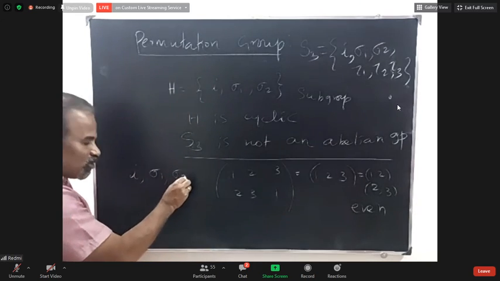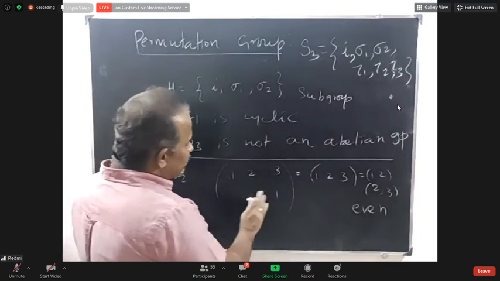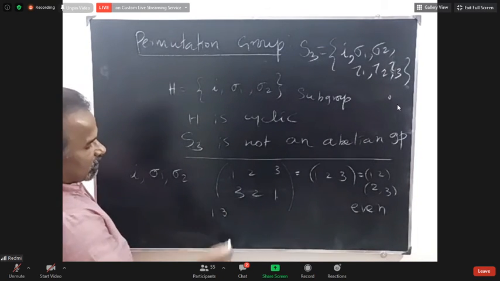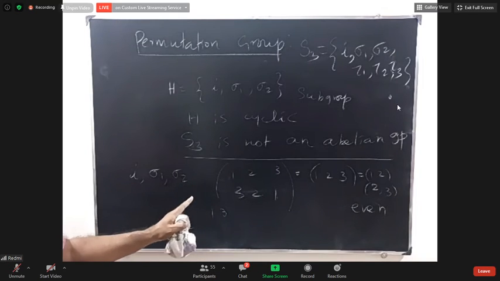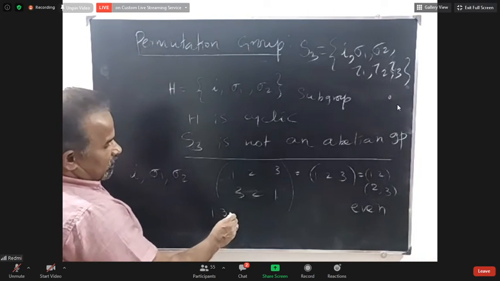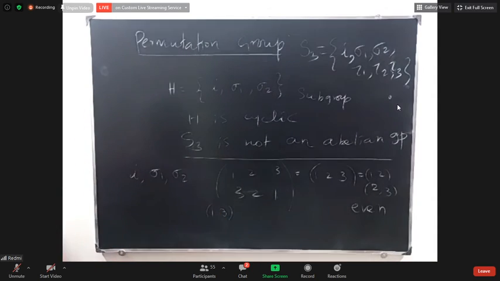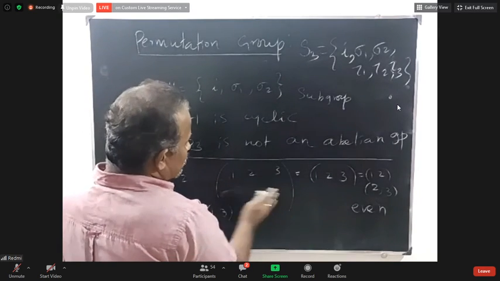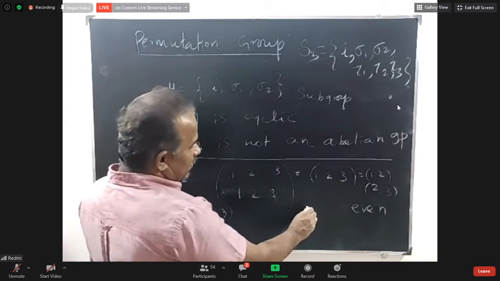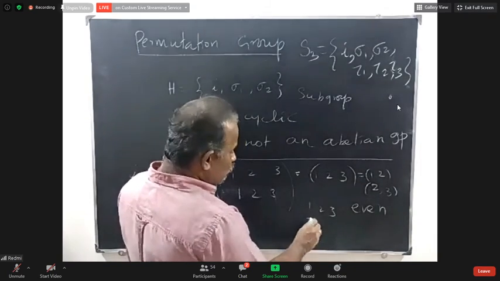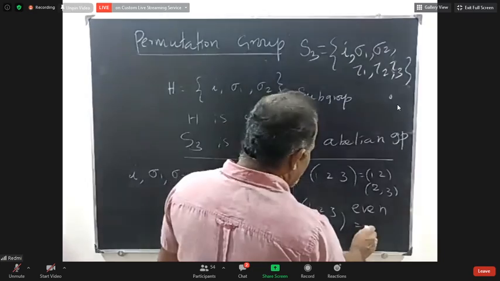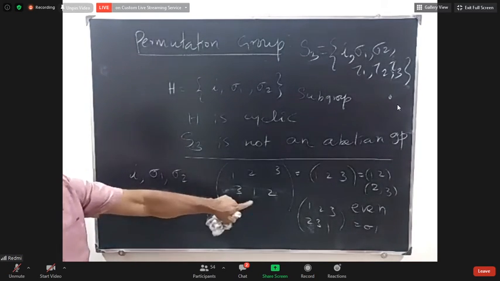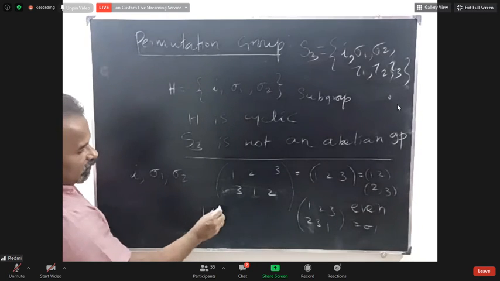Sigma 1 is even. Sigma 2 is also even. Sigma 2 is nothing but 1, 2, 3 goes to 3, 1, 2. Here 1 goes to 3, 3 goes to 2, 2 goes to 1.